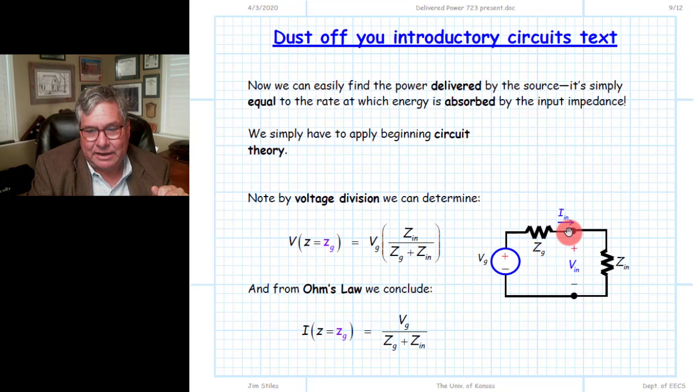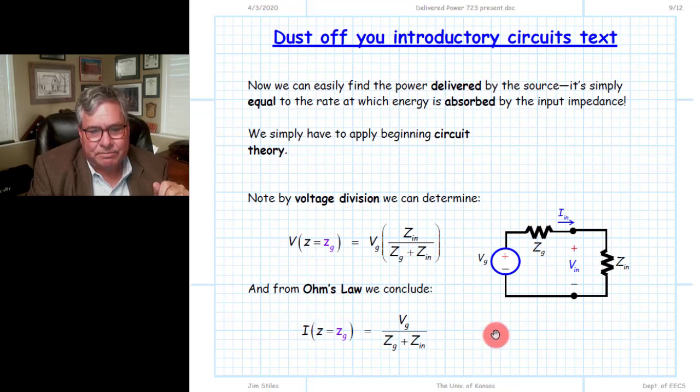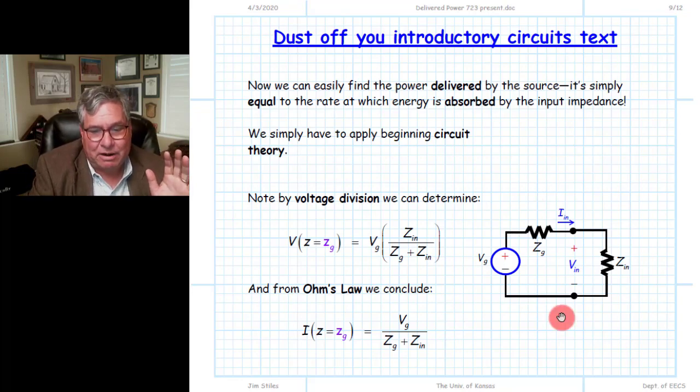And again, remember, Iin actually goes into the transmission line, so that is equal to the value of the total current at the load. I should have just written this as Vin and Iin here, because what we're trying to do with these two things is determine, again, the rate at which power flows across this plane.